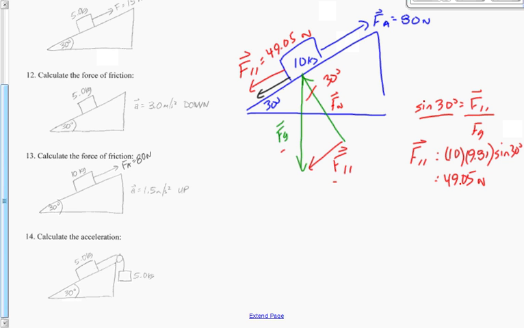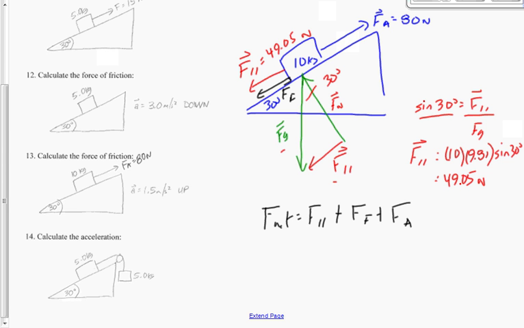Now, we don't know how big the force of friction is, right, Victoria? We're going to solve for that, right? So let's say F net is equal to the sum of the forces: F parallel plus FF plus FA.